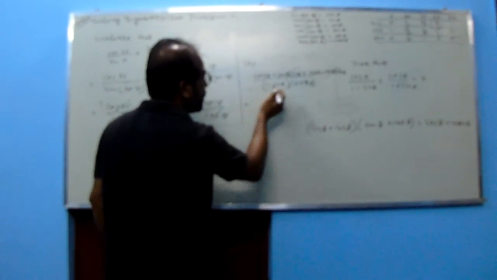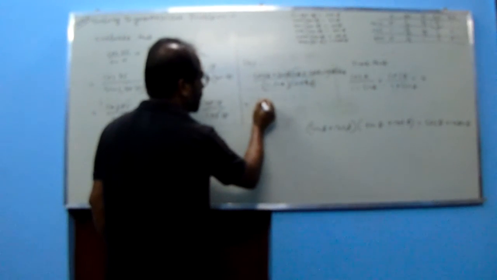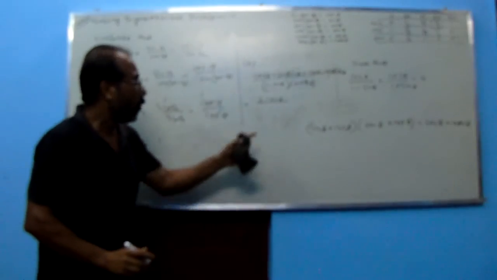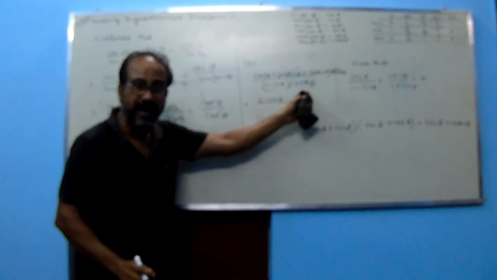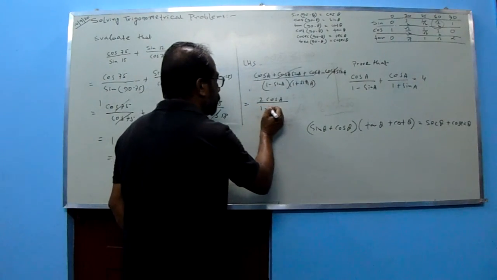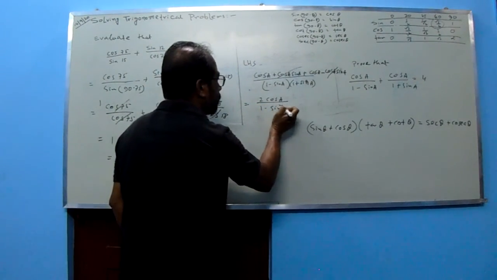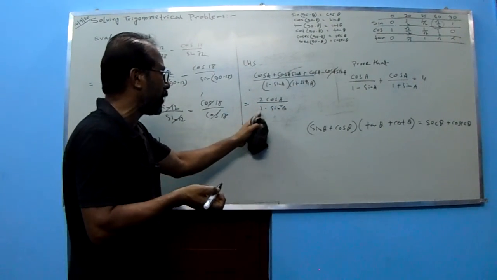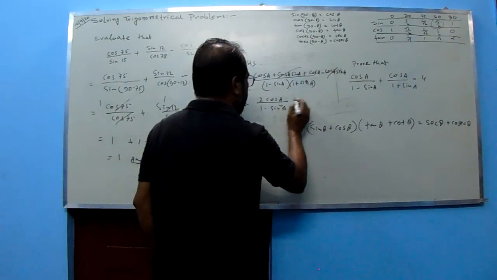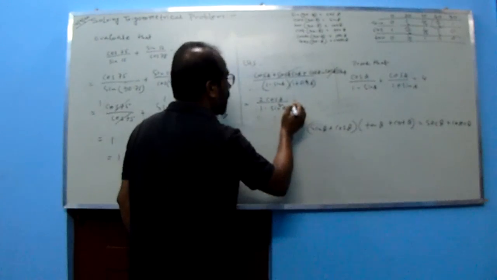So what will be remaining? Cos A plus cos A, it is 2 cos A divided by 1 minus sin A and 1 plus sin A, meaning A plus B into A minus B. So it can be written as 1 minus sin square A, that is 1 square minus sin square A, A square minus B square. 1 minus sin square A means what?